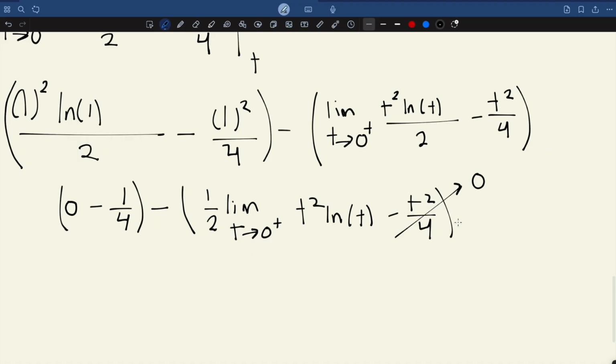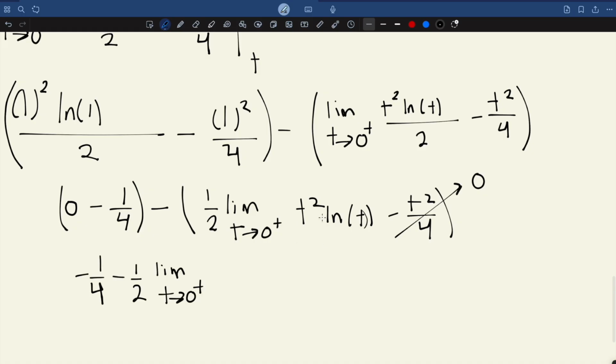But for the limit of t squared ln of t, it would be 0 times the natural log of 0 from the right, which would be negative infinity. So it'd be 0 times negative infinity, which is indeterminate form. Since we have this in indeterminate form, we need to use L'Hopital's rule.